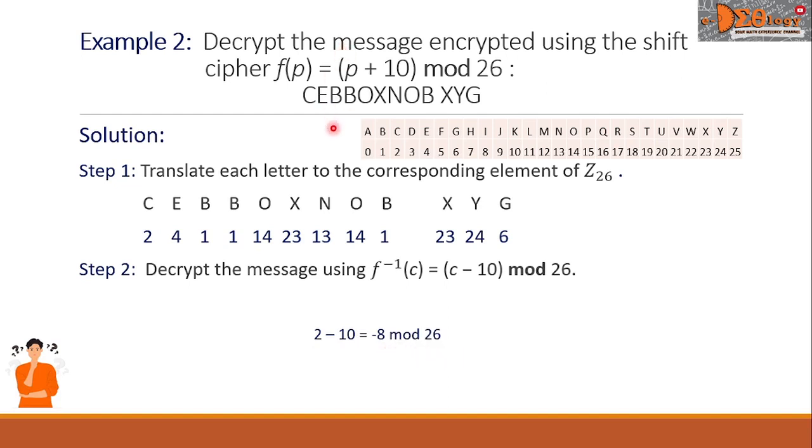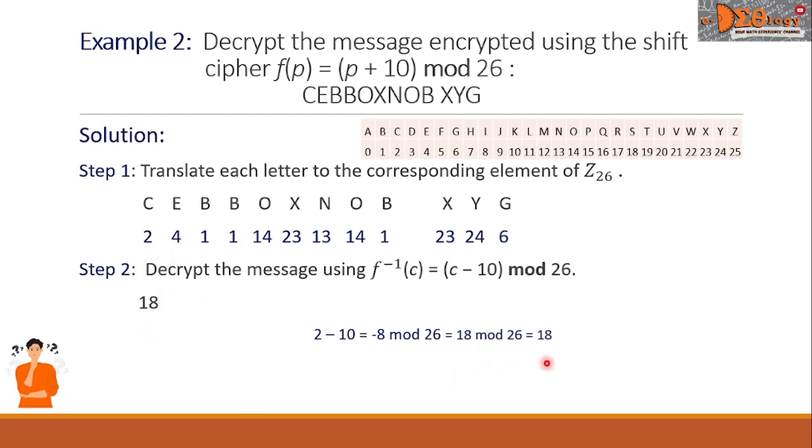In our table here, there is no value for a negative number. So we will convert this into the equivalent mod value. This negative 8 we add 26. The answer is 18. Then mod 26, the answer here is 18. So for the number 2, the corresponding value is 18.